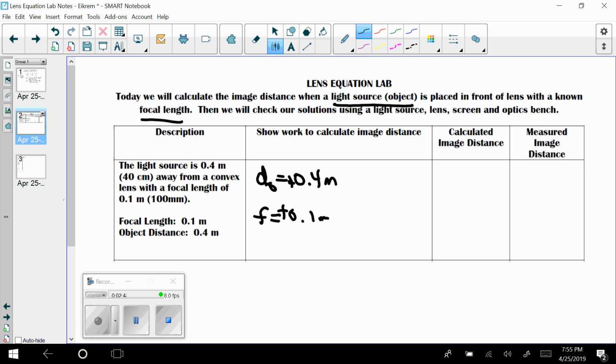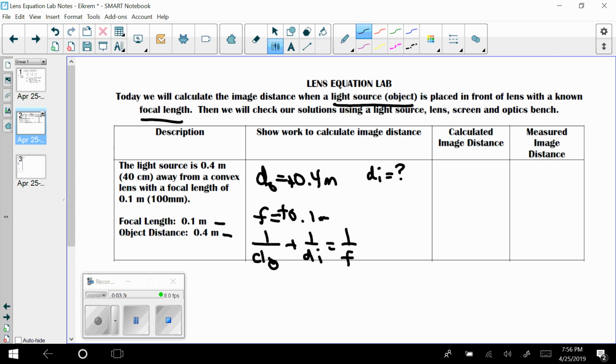And this is also positive. The lens equation is 1 over dO plus 1 over dI equals 1 over the focal length. So you can see over here, the focal length, F, is equal to 0.1, and the object distance is equal to 0.4.